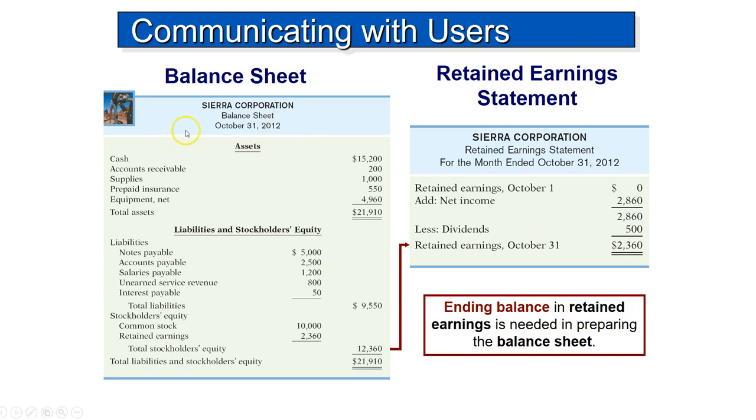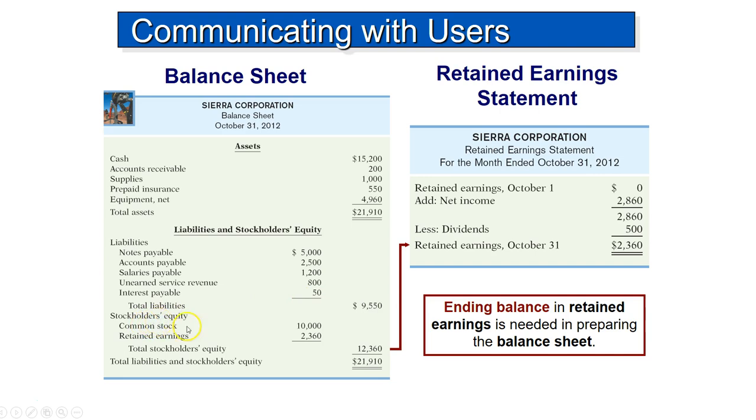At the end of business, the assets of the business are these: cash, accounts receivable, supplies, prepaid insurance, equipment, net. Now, I would have preferred to see this summarized here and carried out here. We double underline that because of the total assets. Now the liabilities, what the company owes. This time they did it right. They recorded it in the inside column, drew a line and brought it out here.